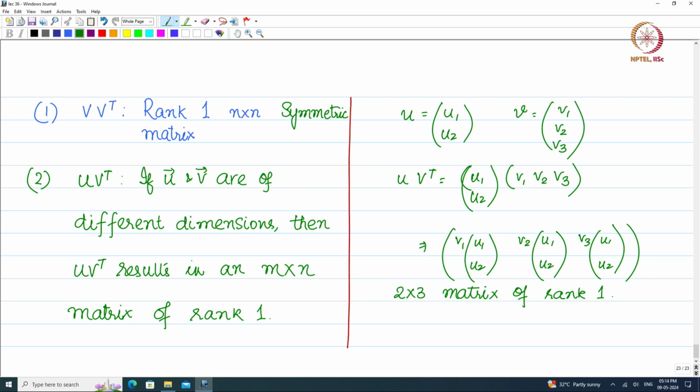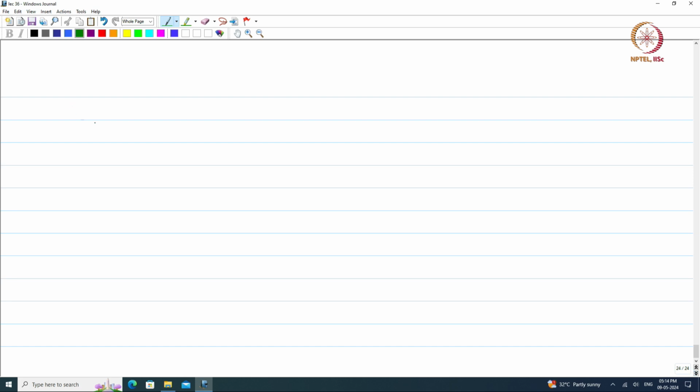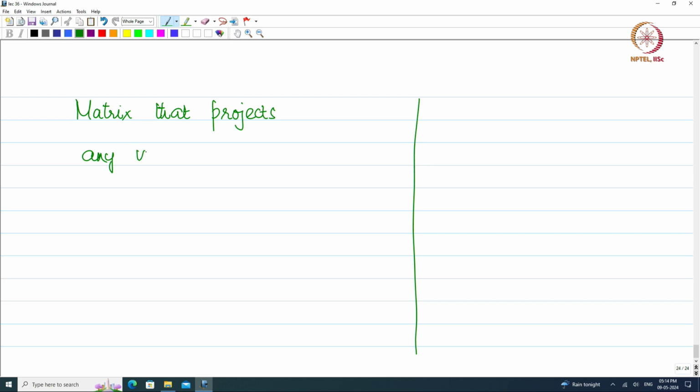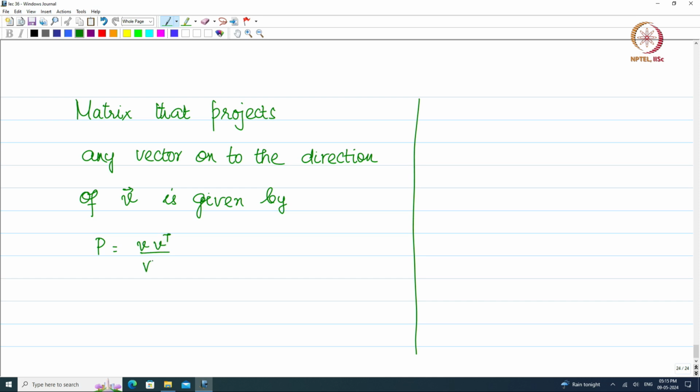Therefore the projection matrix, the matrix that projects any vector onto the direction of a vector v, is given by P equal to V V transpose divided by V transpose V.